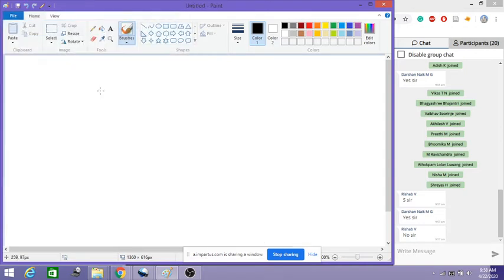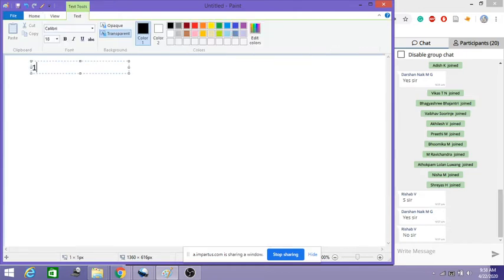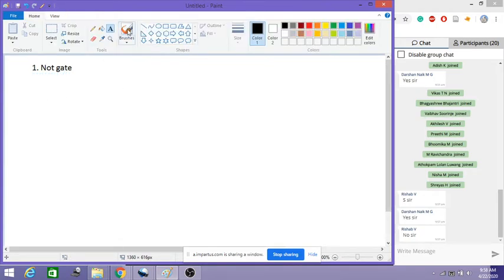Before going to the combinational circuit, let us look into the basic gates. A couple of gates we have seen in the previous tutorial also, so let us revise them. The first one is the NOT gate. This is its symbolic representation.